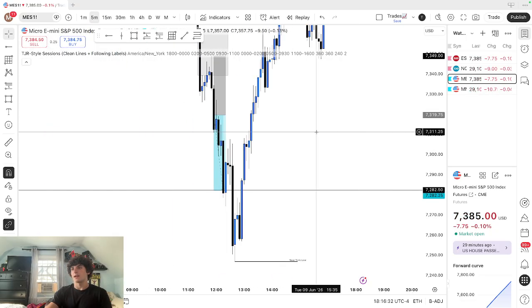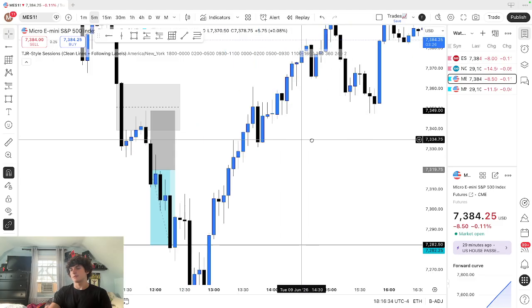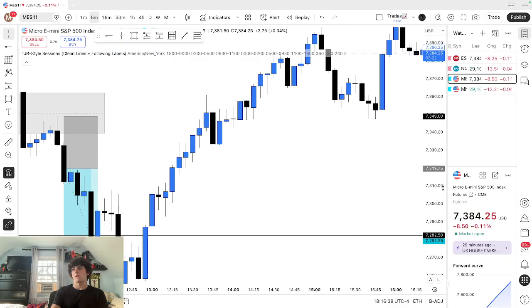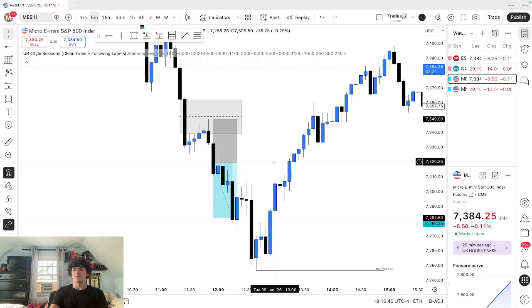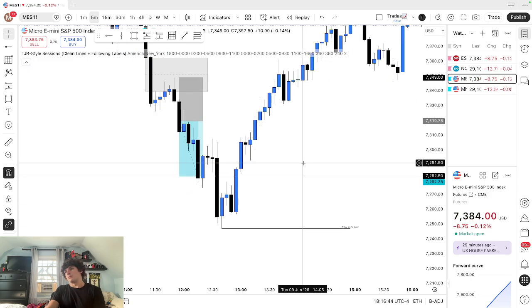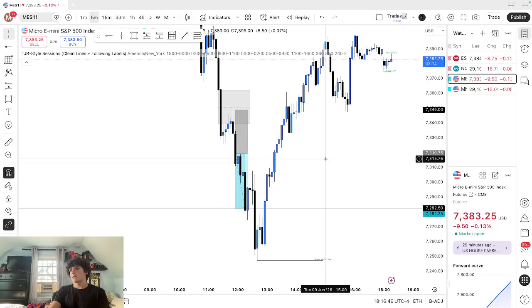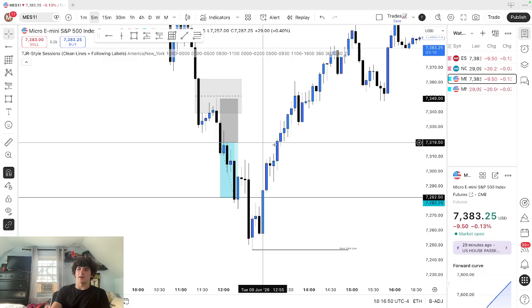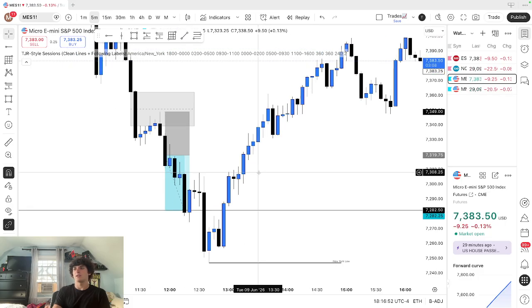So I just targeted that insignificant low because I just wanted to get out of this trade before it reversed, and price did end up pushing lower, but I'm happy that I even caught a trade today. And yeah, that's basically the whole thing.